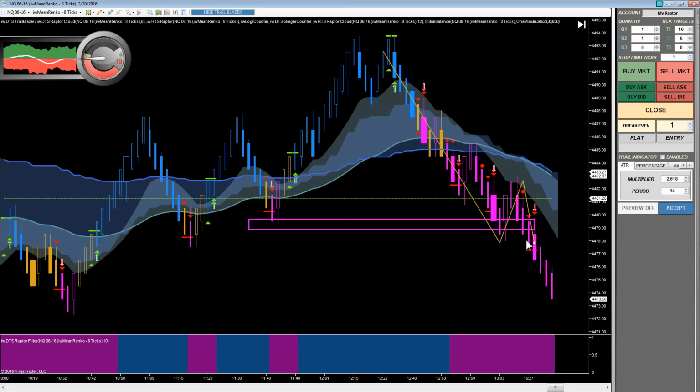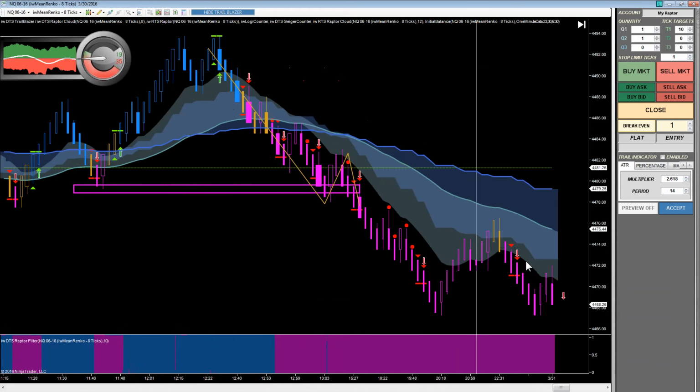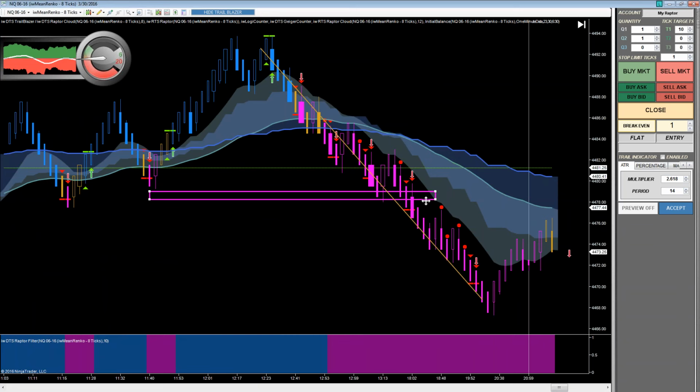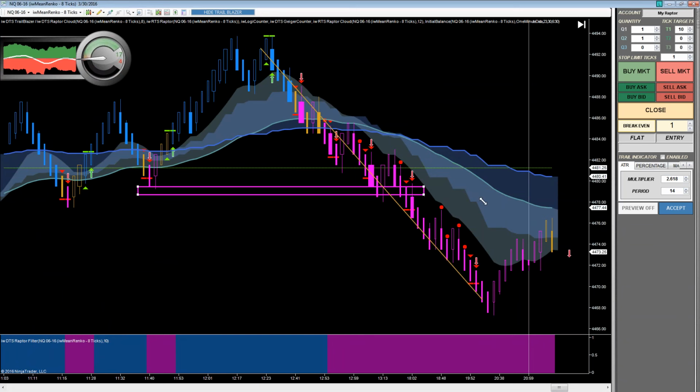Here we come back with the signal. This is now going to be push number 2. Even if you didn't count that as push number 2, let's say you counted this as the move that violated the signal, or violated the support zone.